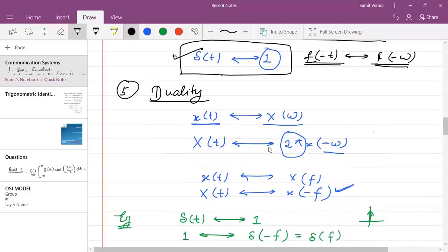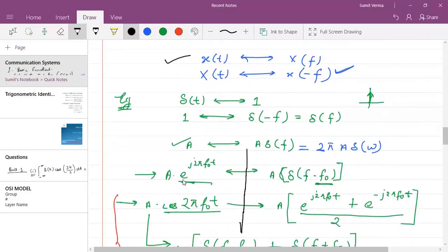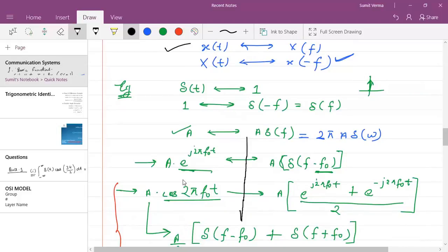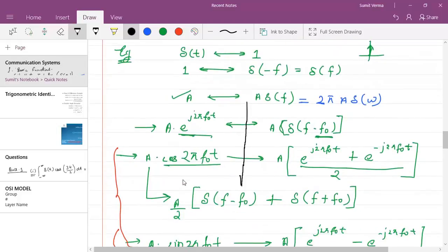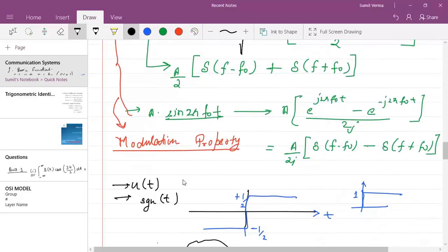We saw the duality property in both the omega domain and the f domain. You should be aware of how to use it in both omega and f. We used the frequency shifting property to define the Fourier transform for cos and sine functions, and we called it the modulation property of the Fourier transform.